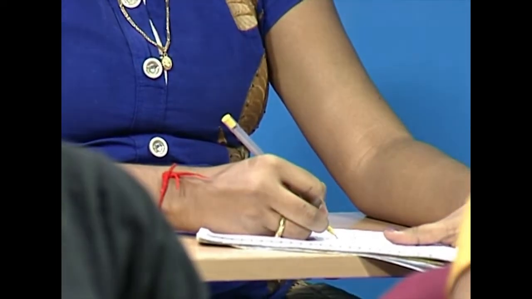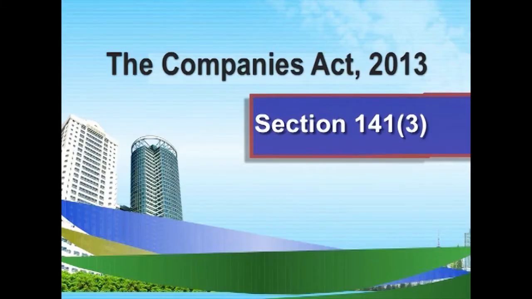Where a firm, including a limited liability partnership, is appointed as an auditor, only the partners who are chartered accountants would be authorized to act and sign on behalf of the firm. The persons who are not eligible for appointment are discussed in section 141, subsection 3.